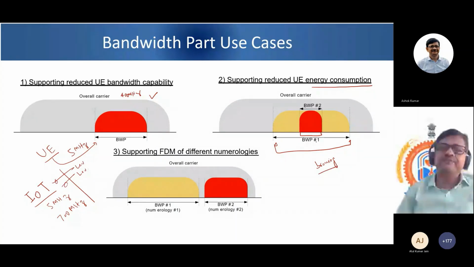When there is video streaming, I can use the bigger bandwidth part, so that I conserve the energy. When unnecessary, I should not consume more energy. The third use case is that in one bandwidth part I'm using one numerology, and in another bandwidth part I'm using another numerology. So that is the third use case.